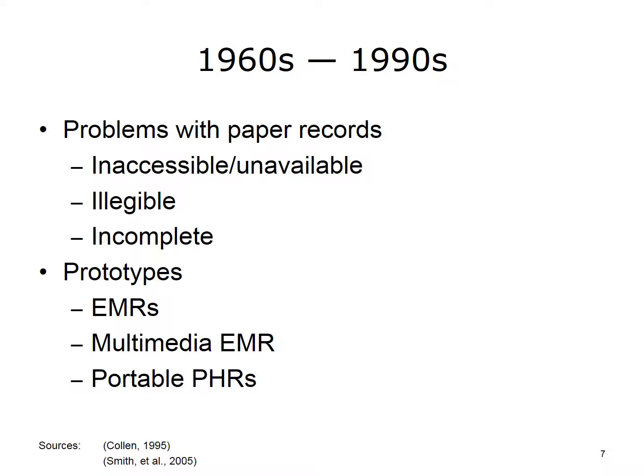There were even multimedia EMRs that included imaging studies like X-rays and other graphic images. And there were even the predecessors of today's PHRs in the form of portable devices in which patients could carry around their own medical information. Let's look at the early systems.